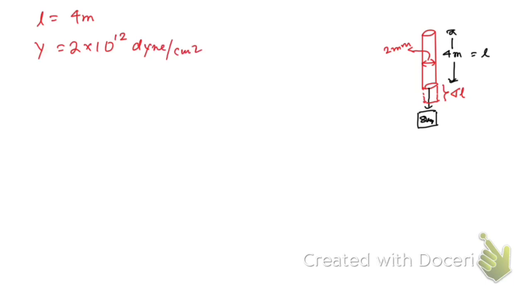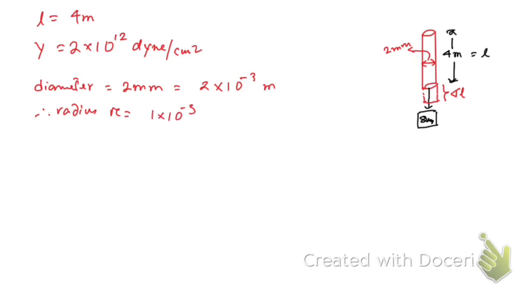Then we have the diameter 2 mm, so it can be 2 into 10 to the power minus 3 meter, not mm. Therefore the radius is going to be 1 into 10 to the power minus 3 meter. Now here, what we need to find is this extension.